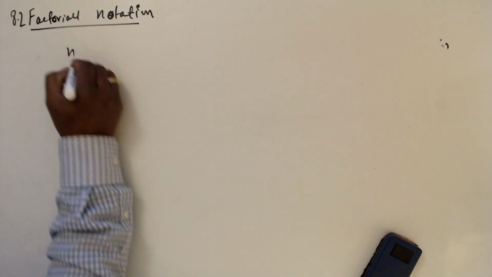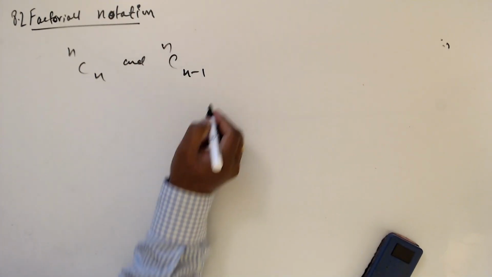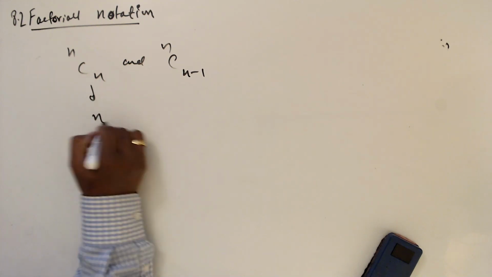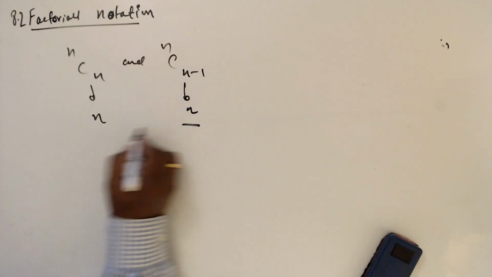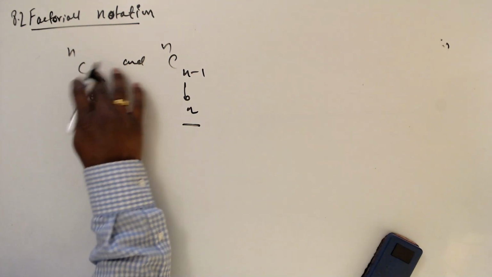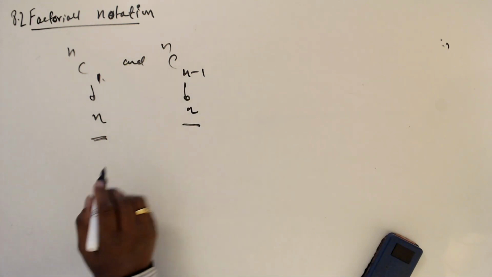In general, nC1 and nC(n minus 1) are both n. Sorry, this is nC1 and nC(n minus 1).